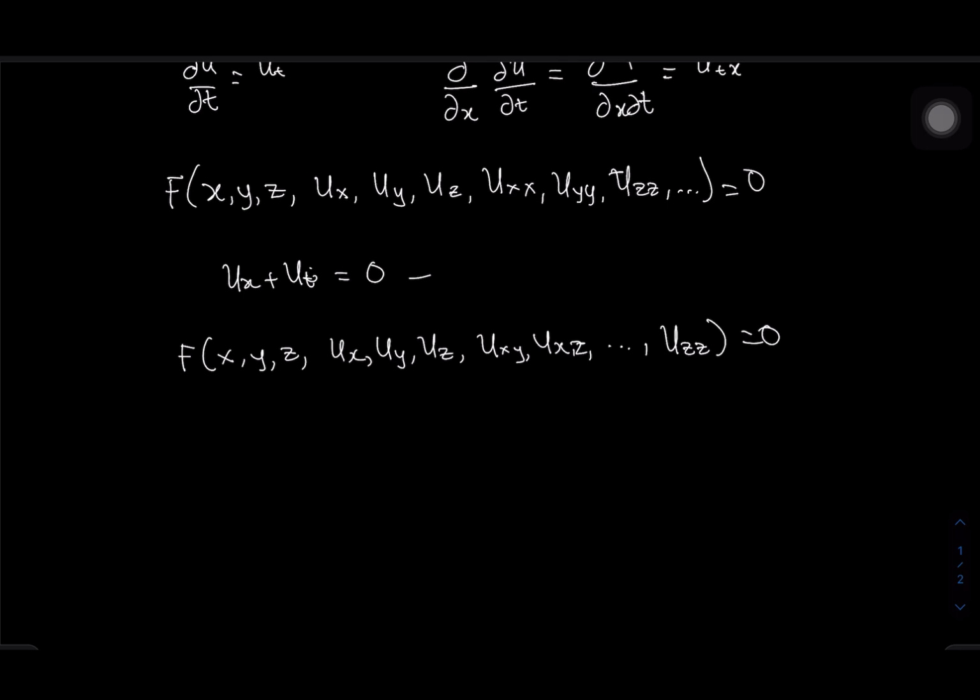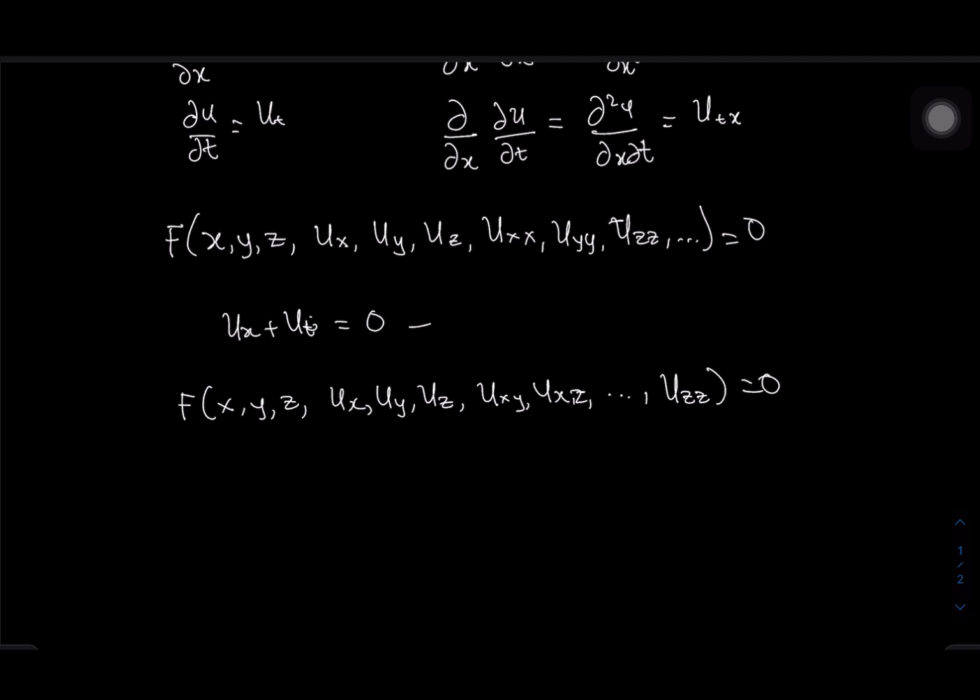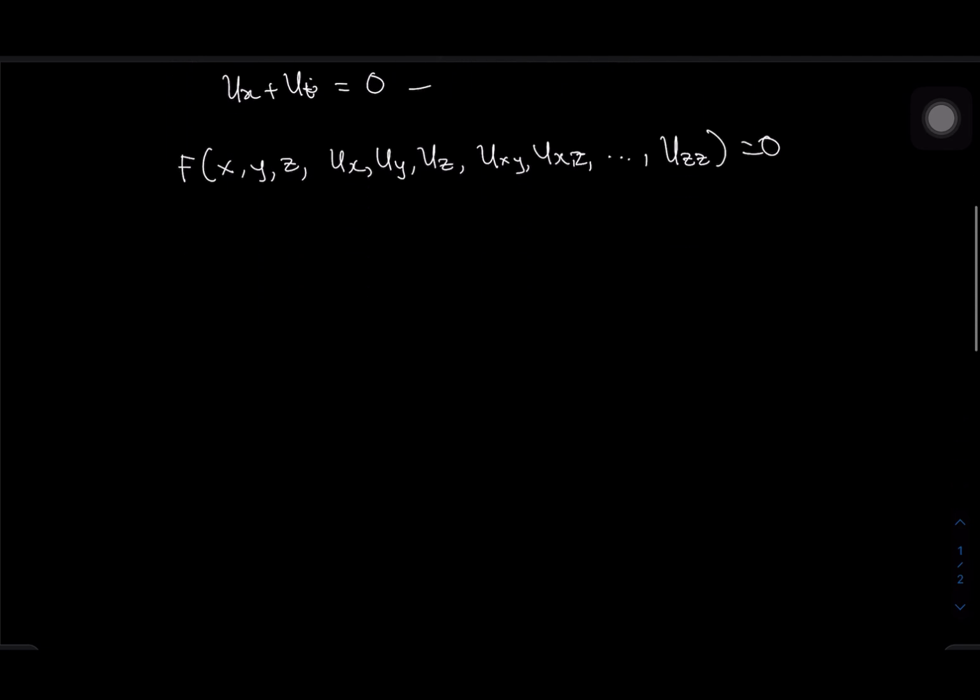If it's going to be a third order differential equation, then I should have maybe a uzxy somewhere. I should have three derivatives in the equation, and that is going to qualify that equation as a third order partial differential equation. For example, when I have something like ux plus ut equals 0, that is a first order PDE.